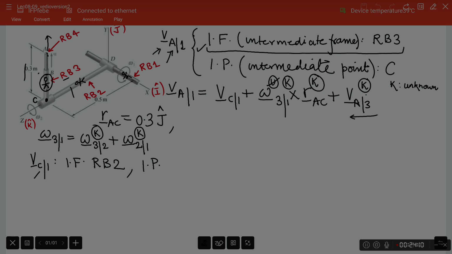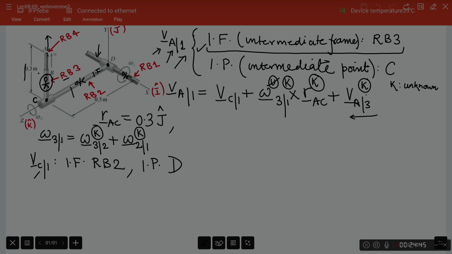Then comes the question, what should be the IP? Again, I go back to the guideline I mentioned earlier in context of VA1. The guideline was that you should choose IP to be a point such that it lies on the interface of your IF and the next adjacent rigid body. So in this case, the IF is already chosen to be RB2 and then the next rigid body is RB1. So I would choose point D to be my IP.